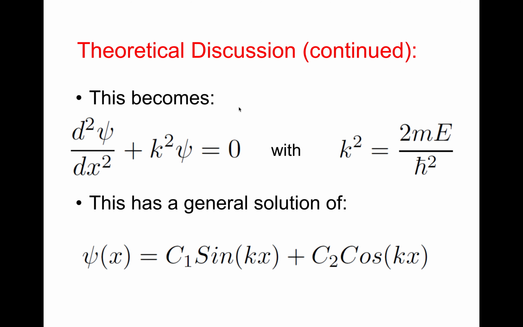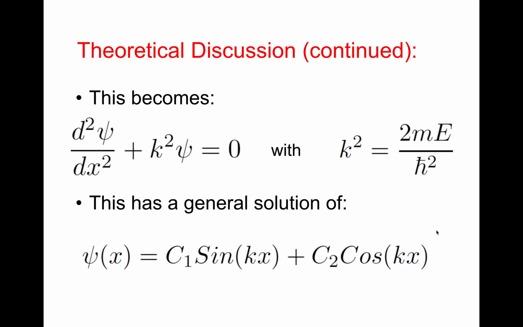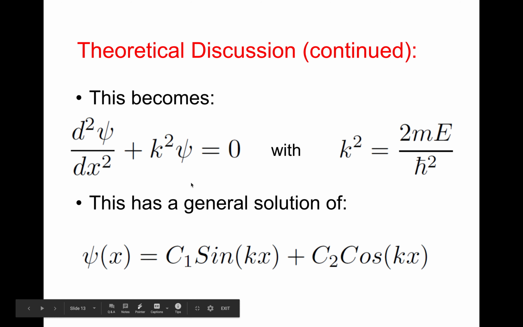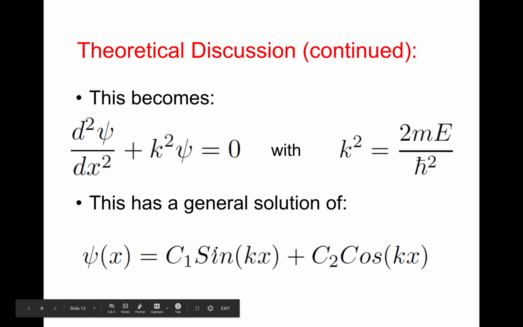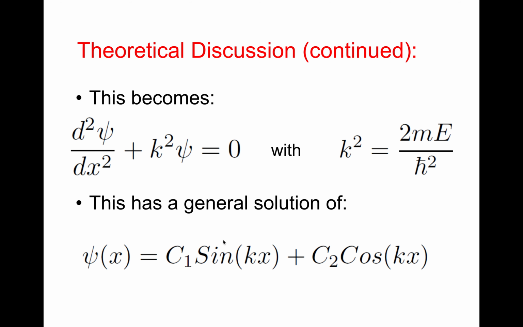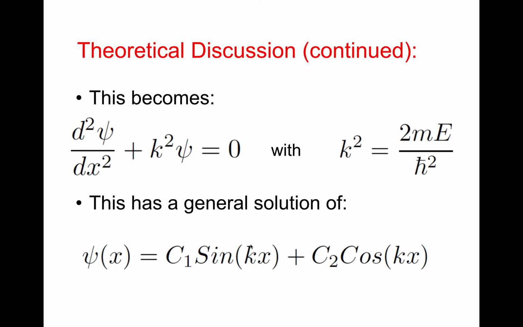Before we even consider this general solution, think about if this makes sense. What function do you know that if you take the second derivative of it, it becomes itself again, maybe modulated by some constant? Well, a sine or a cosine. If you take the second derivative of sine, it is sine again times the derivative of the argument twice.